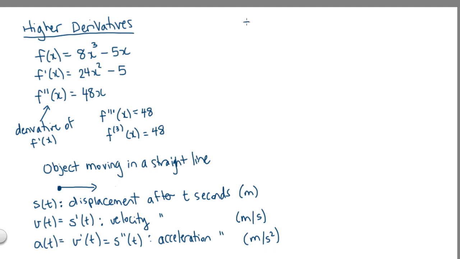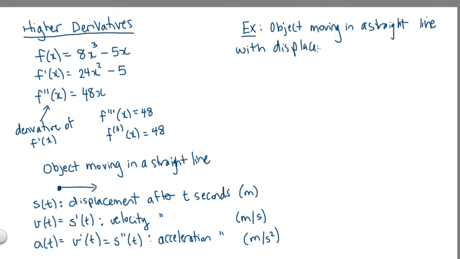So let's try a little example here. First of all, we need to know that we have an object moving in a straight line. Okay, we'll look at other types of motion later on in the course. And let's say that we know the object's displacement s of t is 4t squared plus 3t.